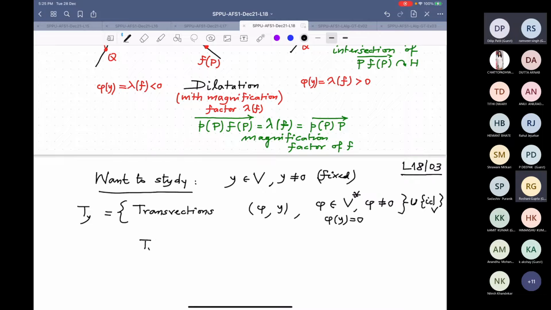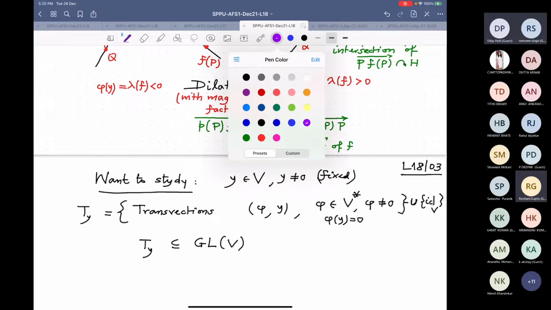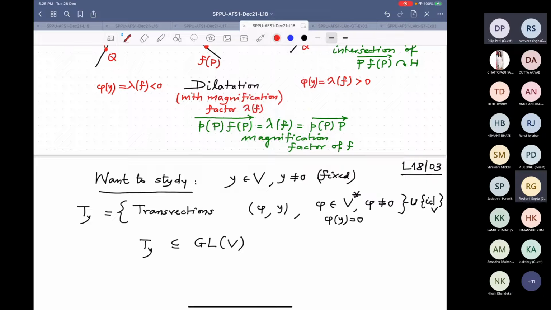Ty is a subset of GLV. And what do I want to do with this subset? I will prove that this is an abelian subgroup. That is my aim right now.